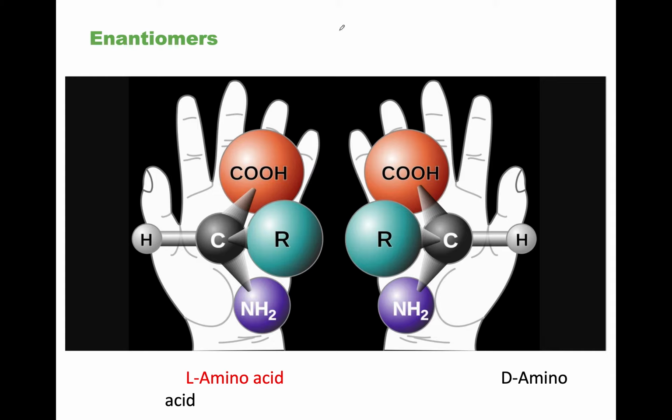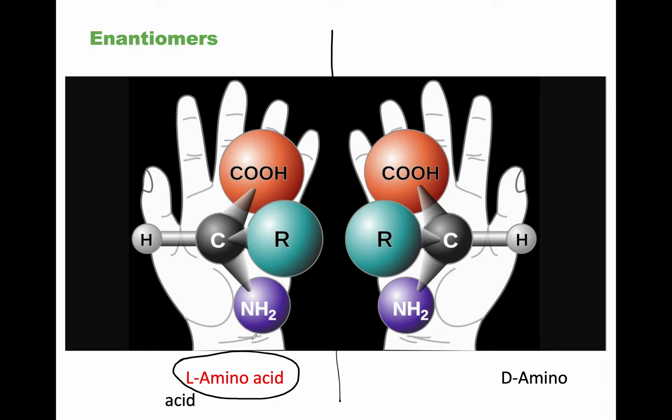They are mirror images of one another. So if you would put a mirror in here, one would be the reflection of the other. Now, in nature, in our bodies, the only type of amino acid that can function, that works with our enzymes and systems in our body, is the L amino acid and not the D amino acid.